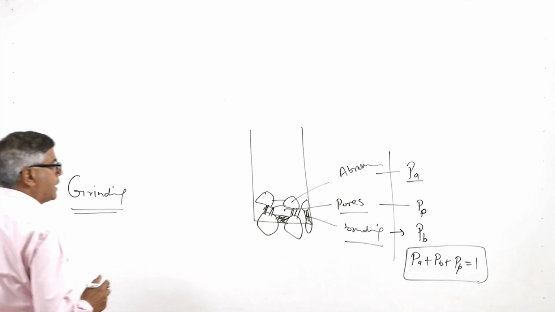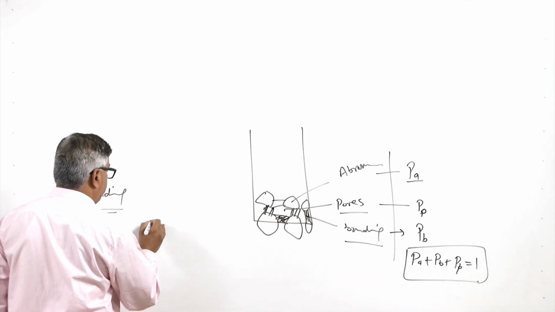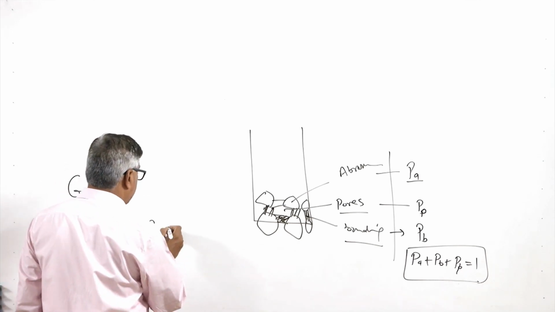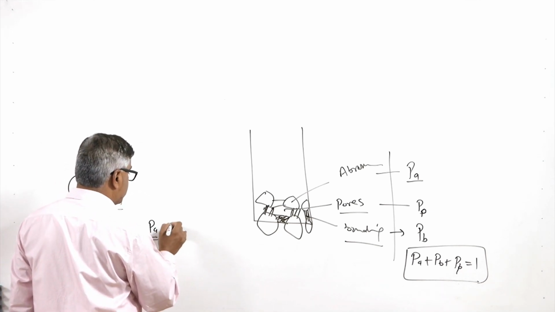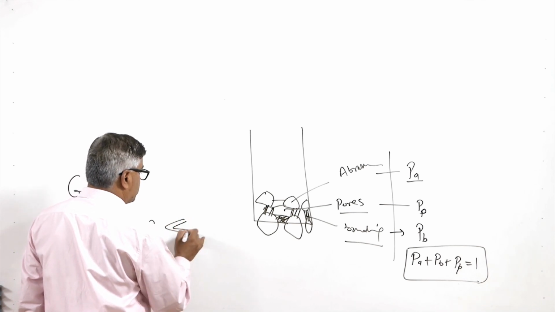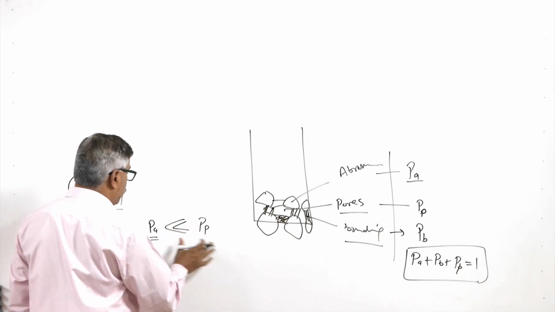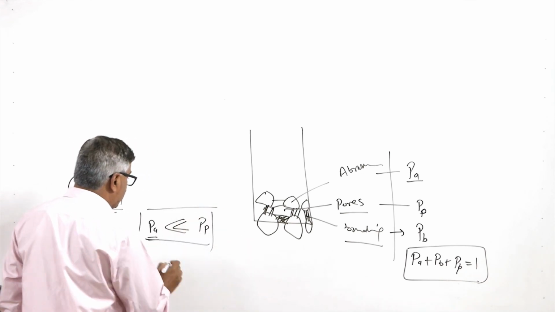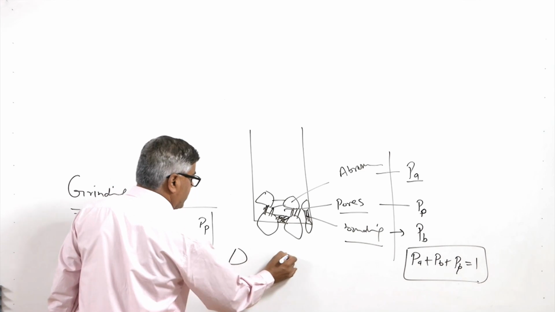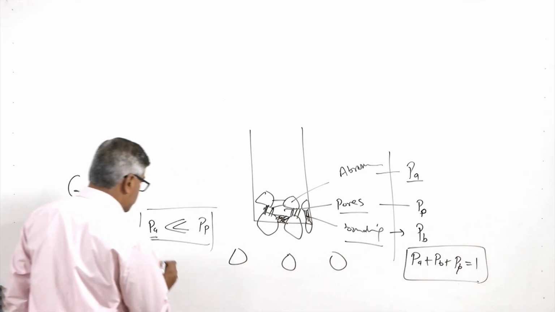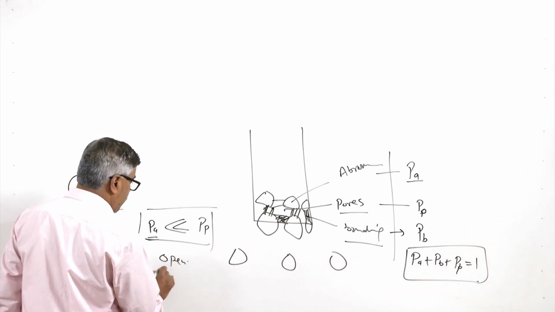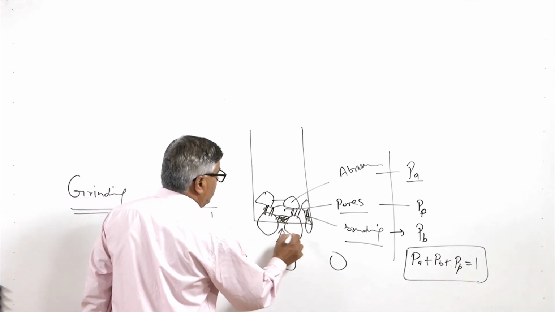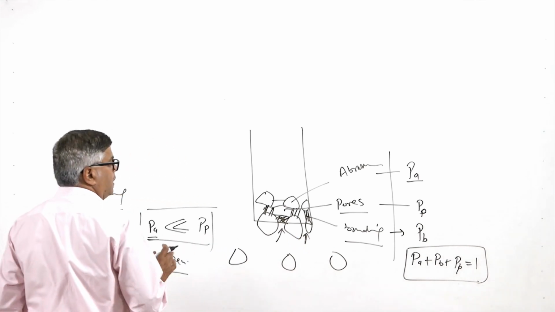In the case when the fraction of abrasives is less and the fraction of air pockets, Pp, is more, we get very widely spaced abrasives, and this kind of structure is called open.